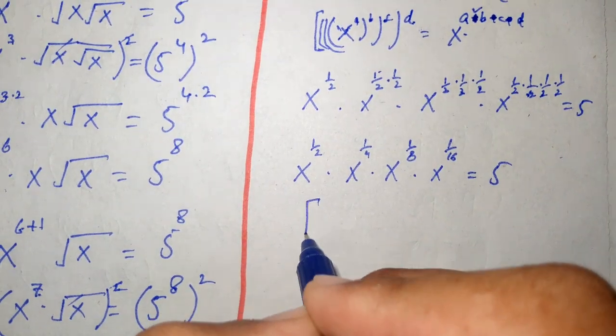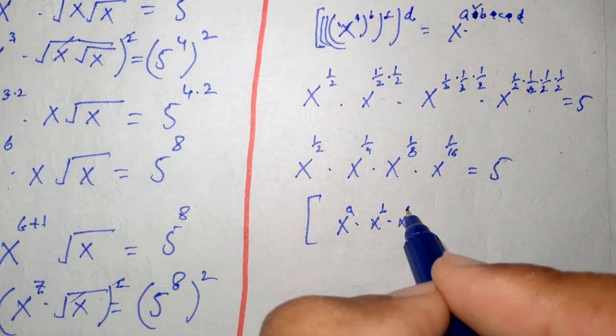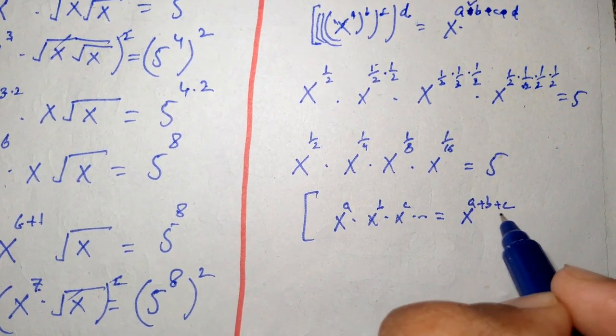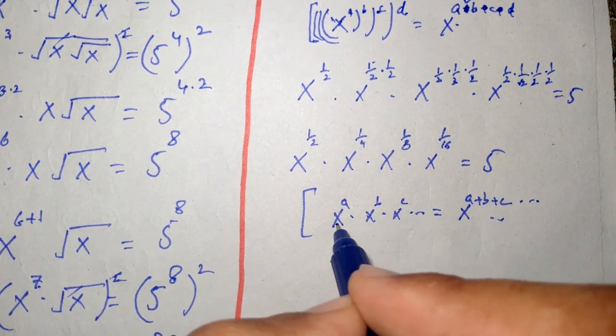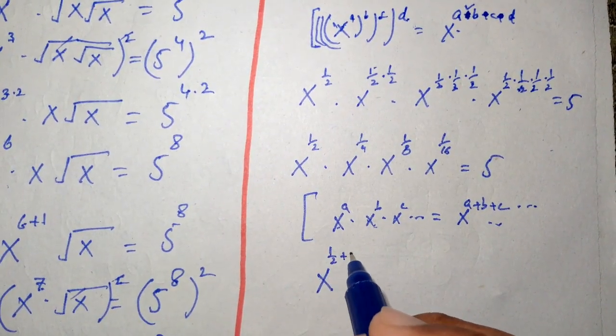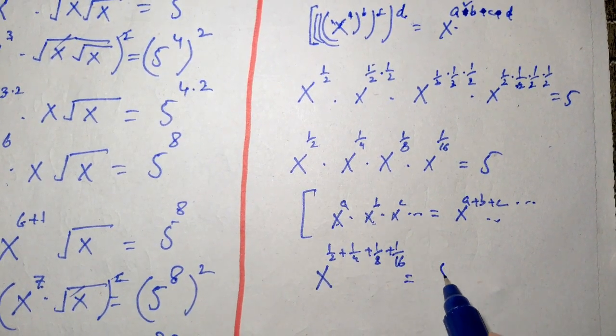We also know that x to the power of a times x to the power of b times x to the power of c, etc. is equal to x to the power of a plus b plus c and so on, because it has the same base. So this will become x to the power of 1 over 2 plus 1 over 4 plus 1 over 8 plus 1 over 16 is equal to 5.